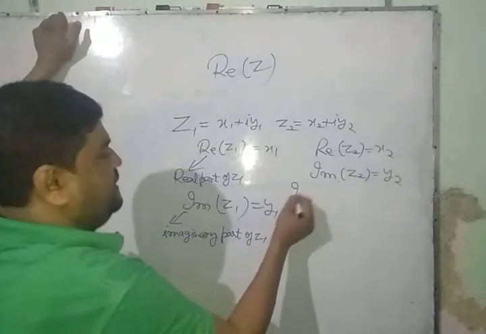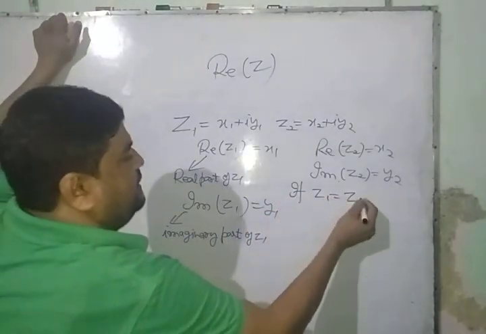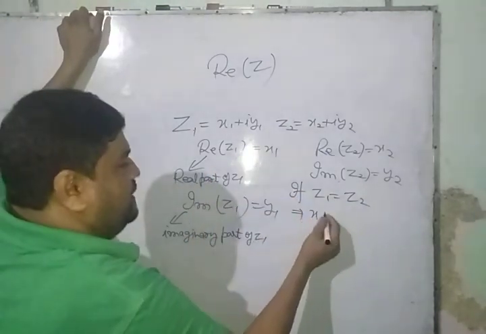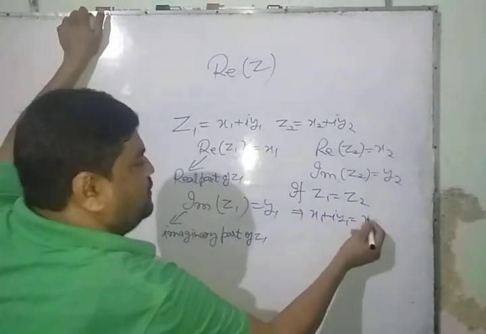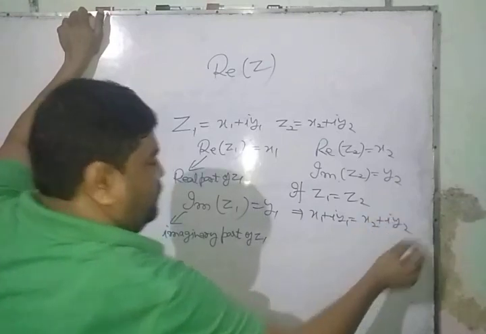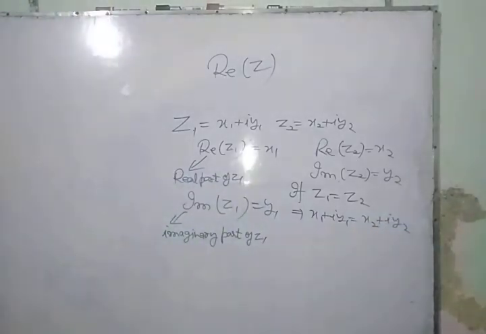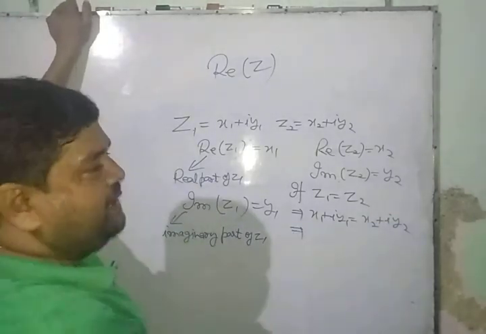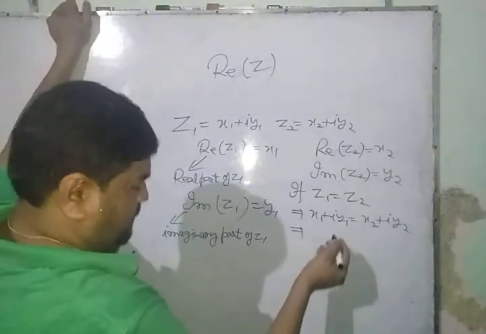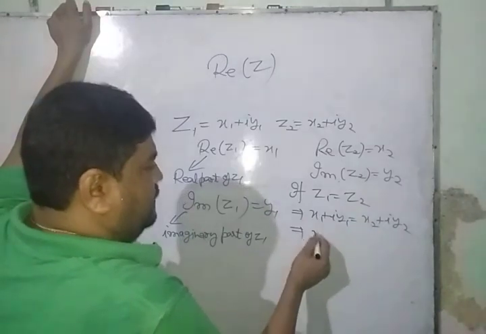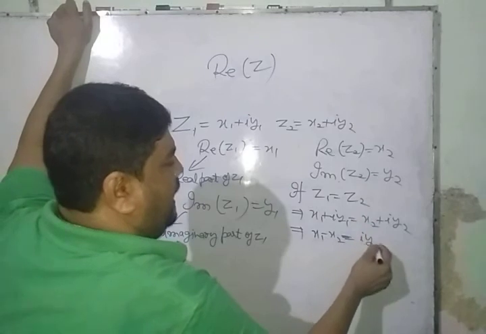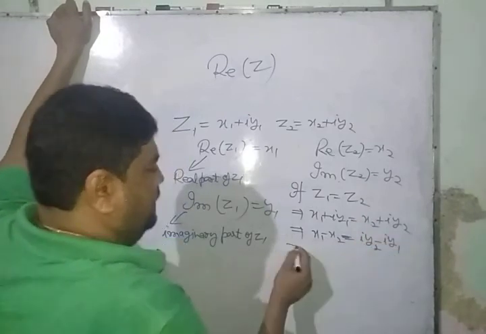Now suppose z1 is equal to z2. What does it mean? z1 equal to z2 means x1 plus iy1 is equal to x2 plus iy2. Now transposing real and imaginary parts on both sides, x1 minus x2 will be equal to iy2 minus iy1.